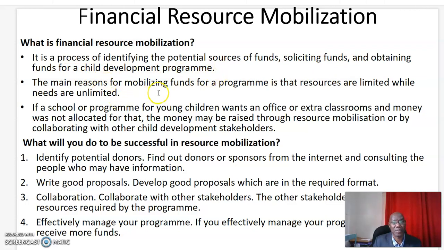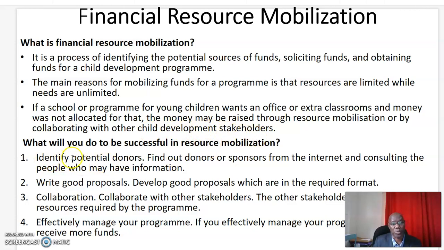The main reason for mobilizing funds for a program is that resources are limited while needs are unlimited. If a school or a program for young children wants an office or extra classrooms and money was not allocated for that, the money may be raised through resource mobilization or by collaborating with other child development stakeholders.